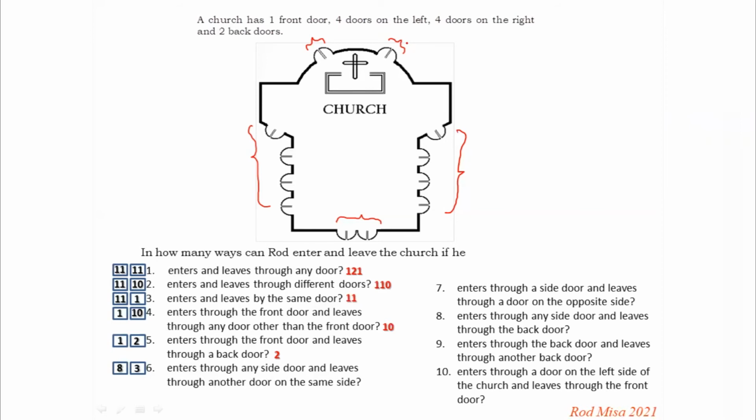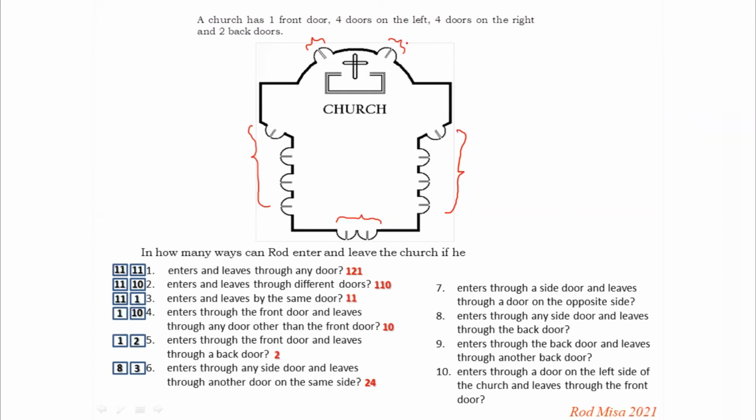Because if he entered in the left door, he cannot use that door for his exit. So therefore, he must choose any of the three doors that is not used as his entrance door. So therefore he is left with three choices here. And then multiplying these numbers, we get a product of 24.